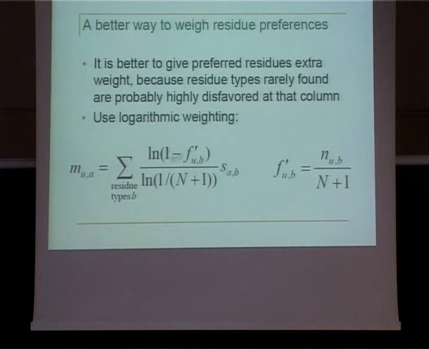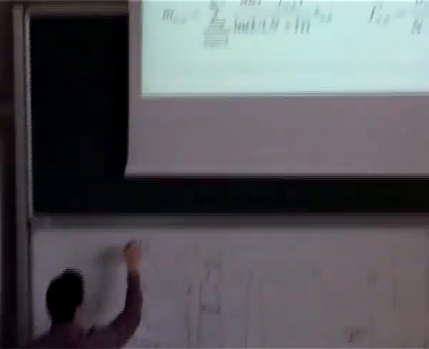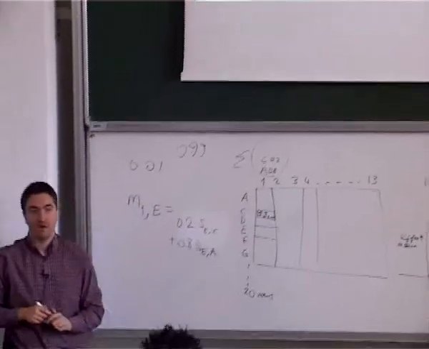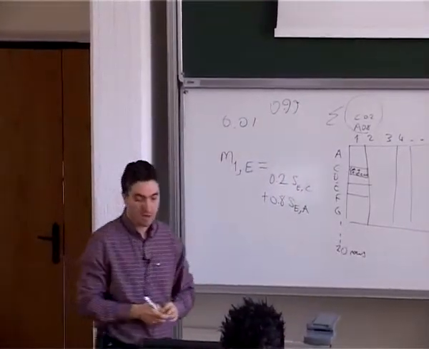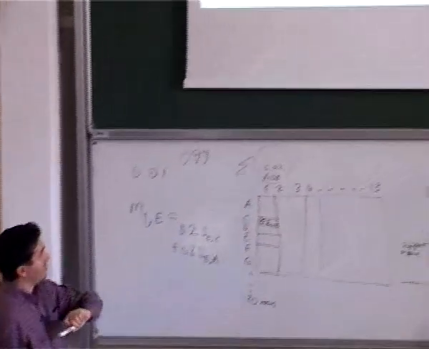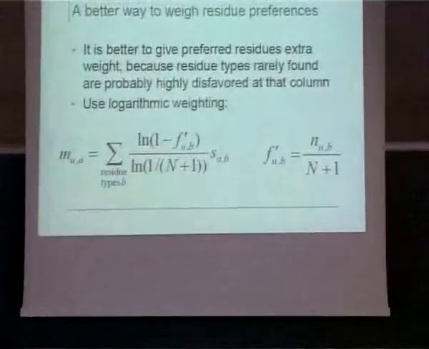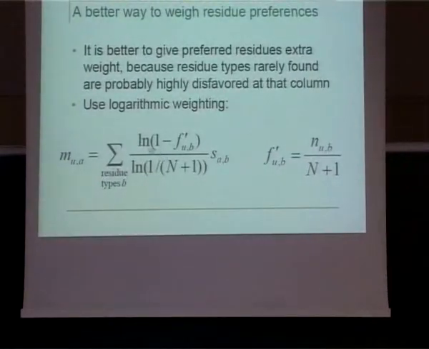If this f prime was 99%, if it turns out that our amino acid occurs 99% at that column. So we already established the other extreme case. If it doesn't occur at all, this one is going to be ln 1, 0. So its contribution is going to be nothing.